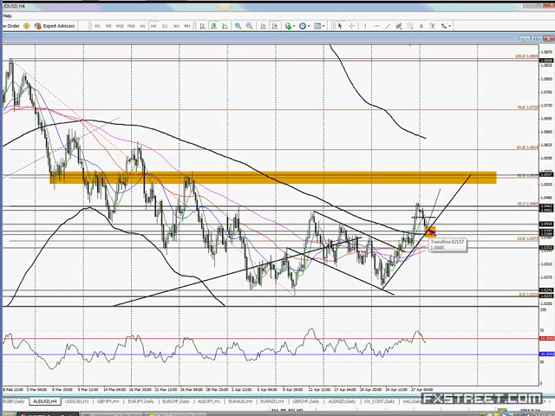Now, why is Chinese PMI important? Well, because the Aussie is correlated to China's economy. China does import a lot from Australia, so Australia does export a lot of raw material and such to China. So if China slows, that would mean the Australian economy might also slow a little bit.